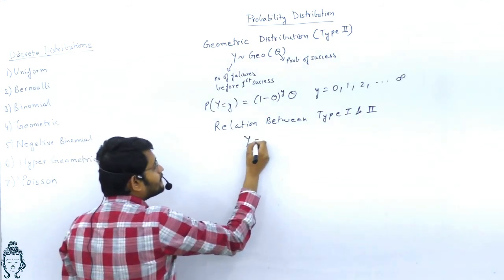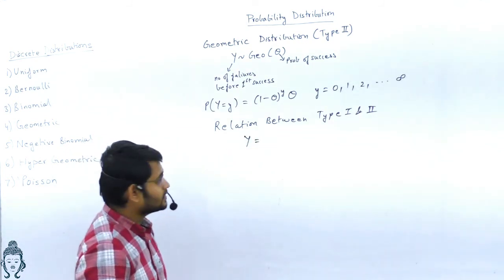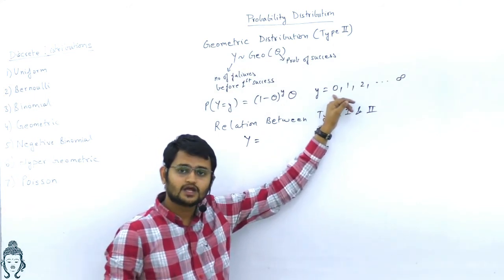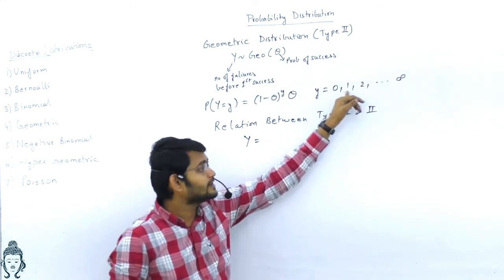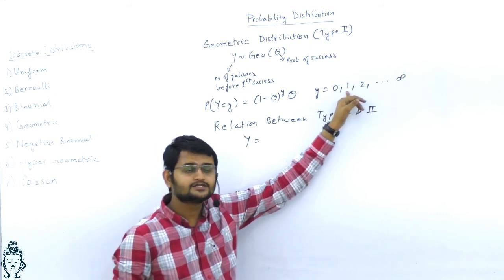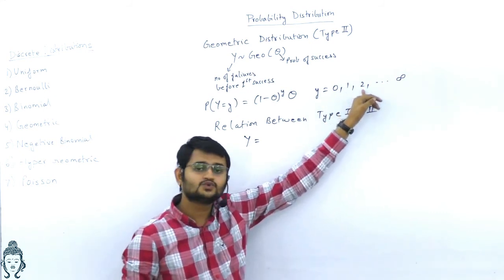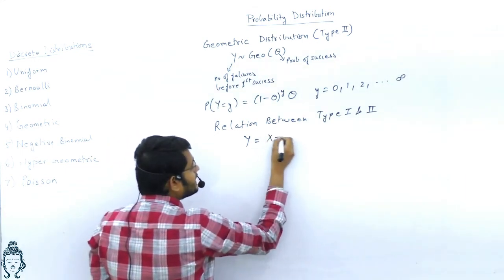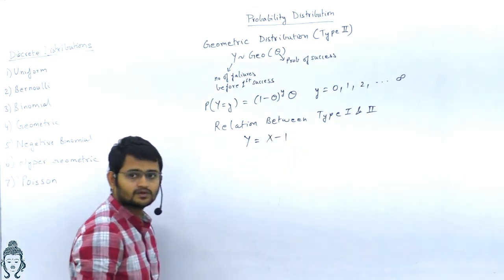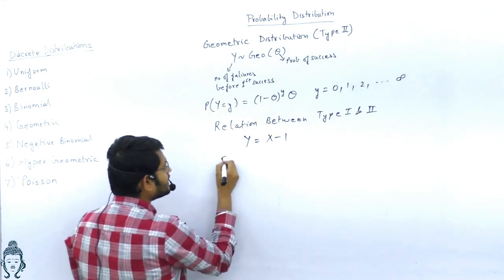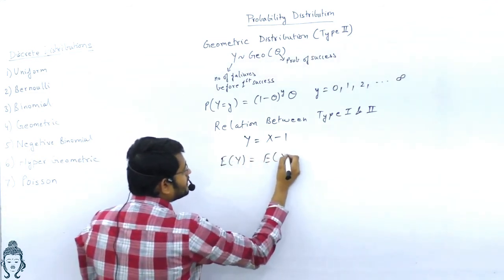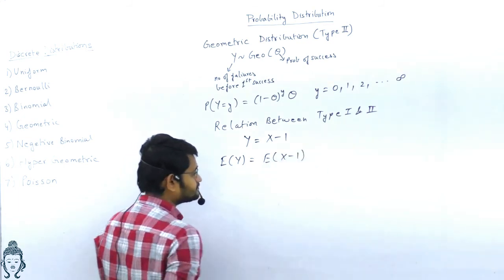We know our y from type 2: when it was 0, our x in type 1 was 1. When y was 1, we had x as 2. When y was 2, we had x as 3. So I can say y is equal to x minus 1. So the expected value of y will be the expected value of x minus 1.